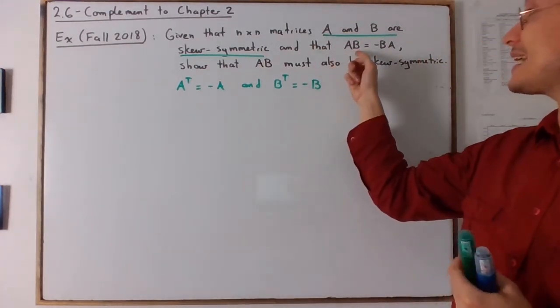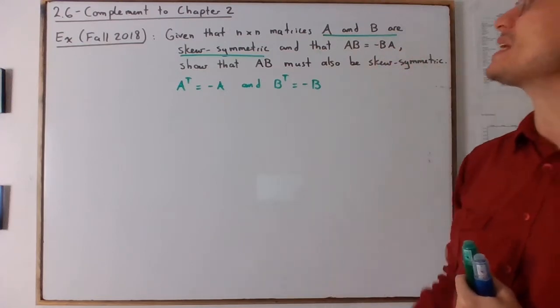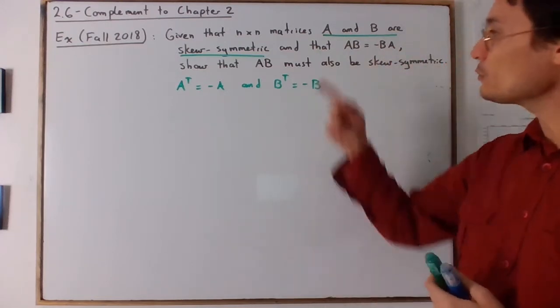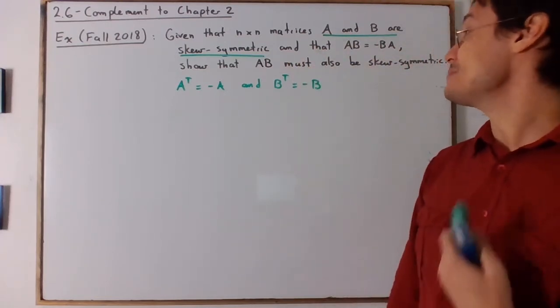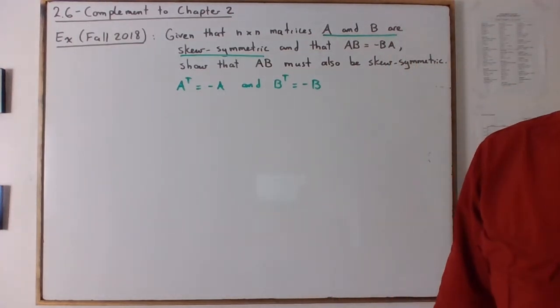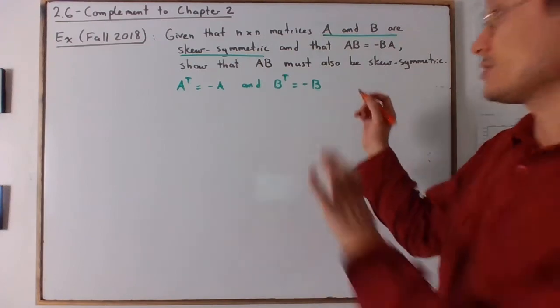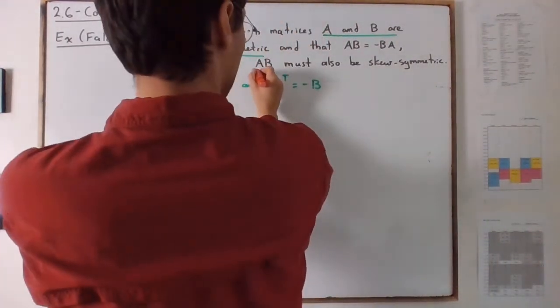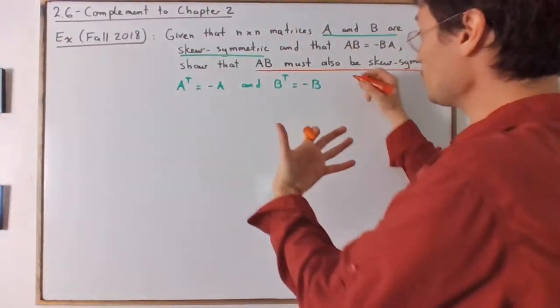And we are given that AB is equal to negative BA. And we want to show that AB must also be skew symmetric. I'm gonna write it in orange here. So what do we want to show?